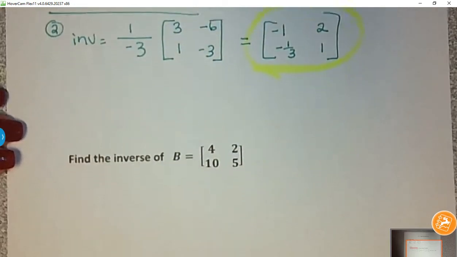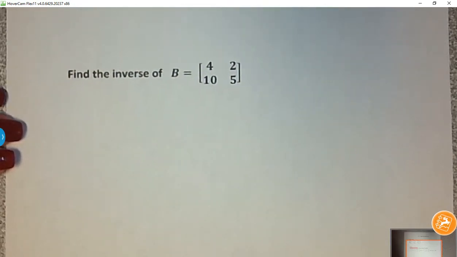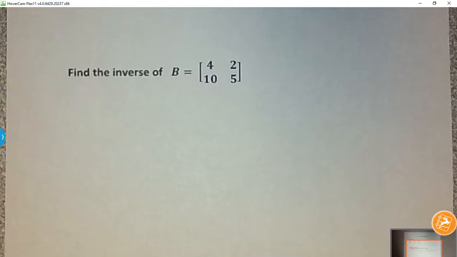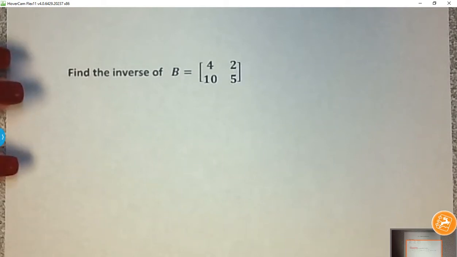All right, last problem. I want you to see if you can find the inverse of this. And like I said, something a little bit different happens with it. Okay, so I'm going to freeze this projector screen up there and I'm going to start working it here while you work it, and then we'll talk about them.